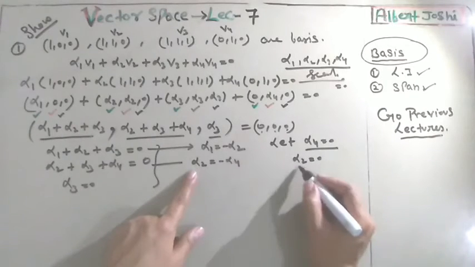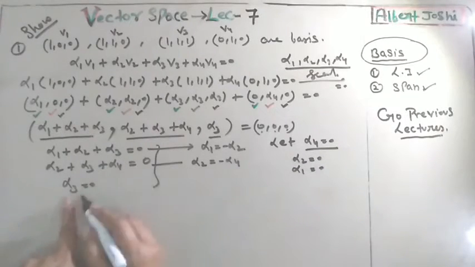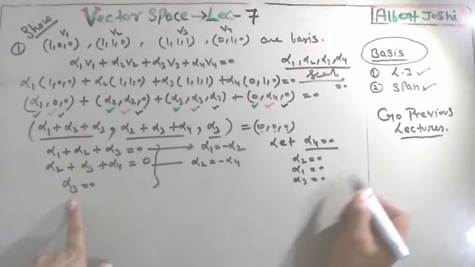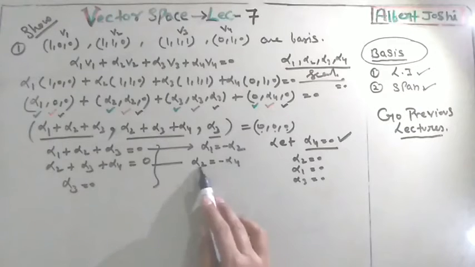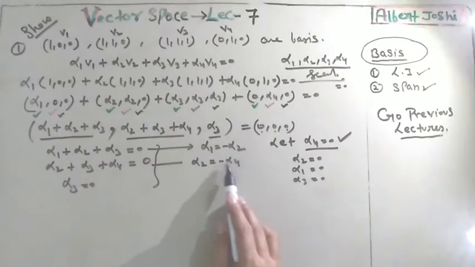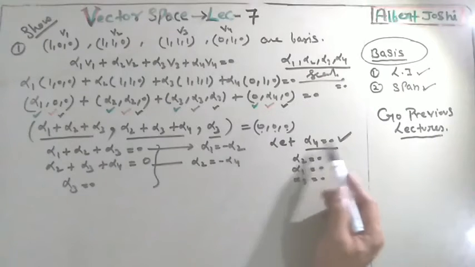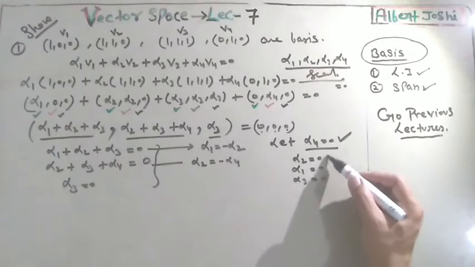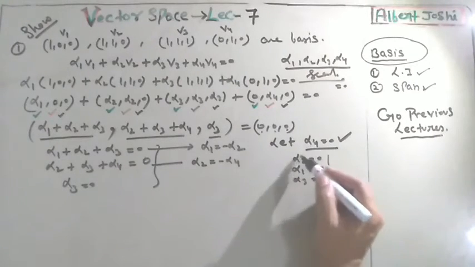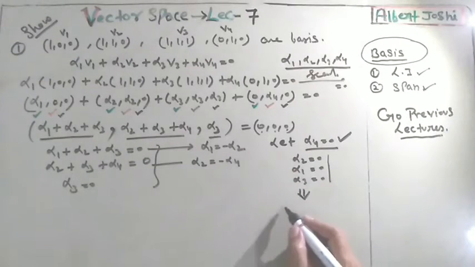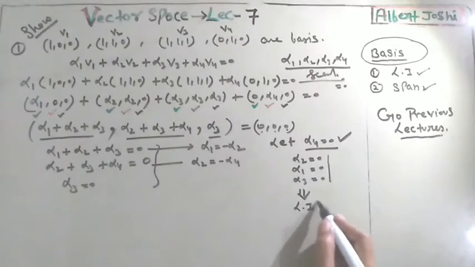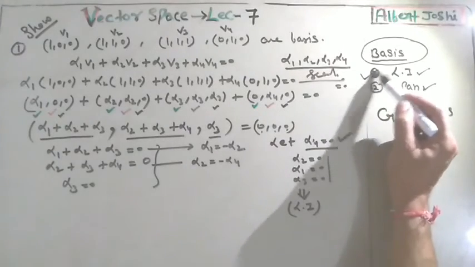If alpha 2 is equal to 0, then alpha 1 is equal to 0. Already alpha 3 is equal to 0. Because we are independent, we can take any value for alpha 4, so let us take alpha 4 equal to 0. Then all the others are 0. So in this condition it is linearly independent. So we have proved the first condition.